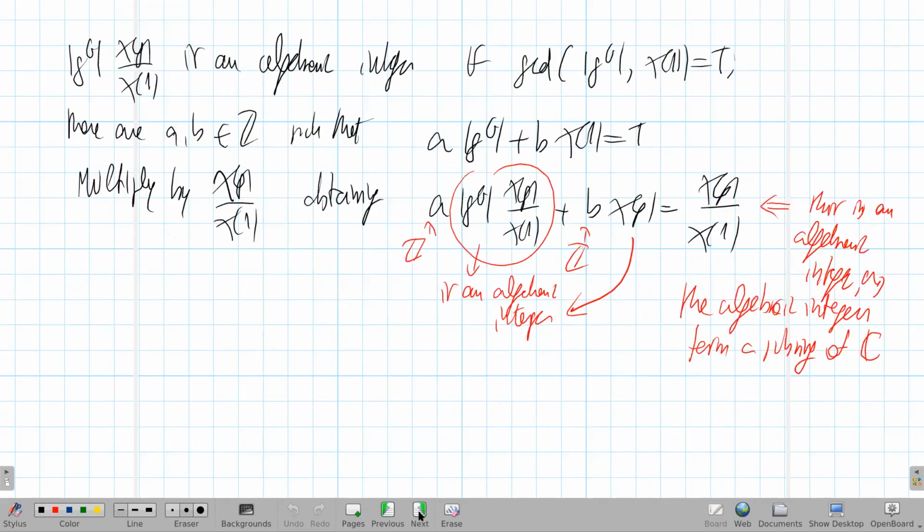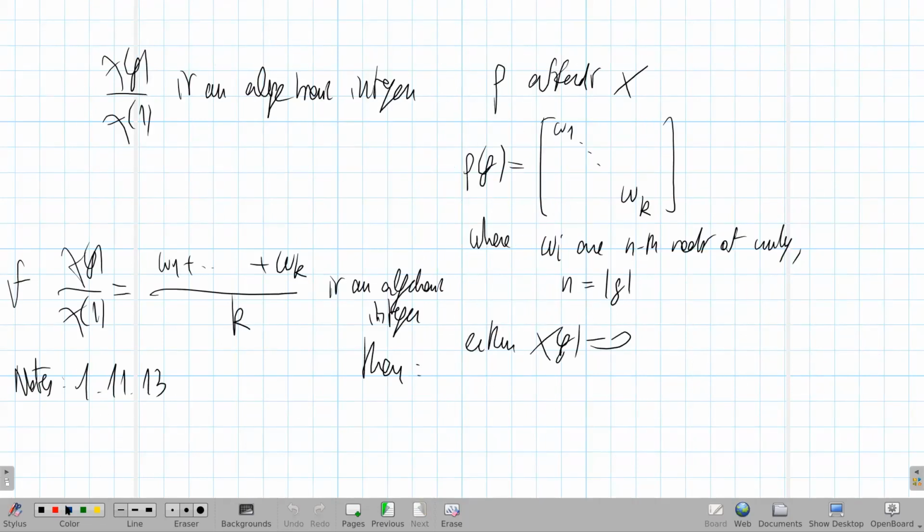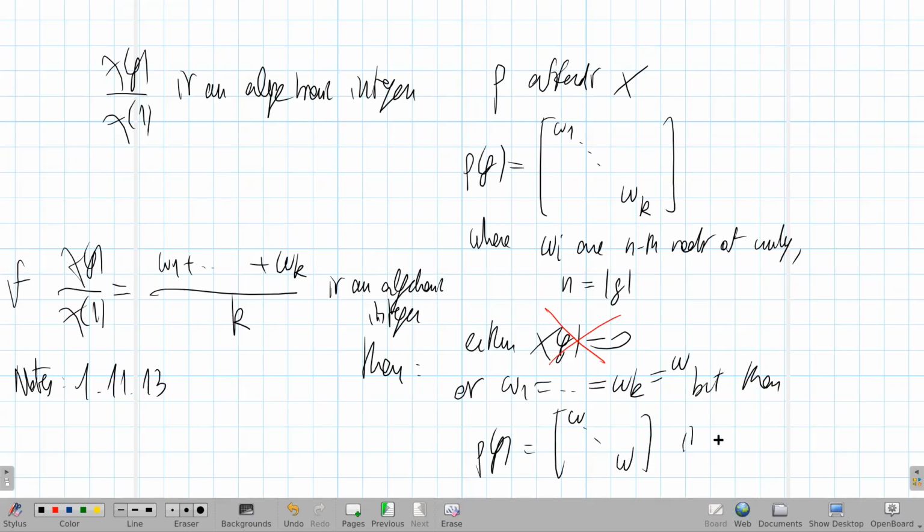So this is ruled out. Or the alternative is that all these are equal, but then this means exactly what we wanted. Let's say that they are equal to some omega, that ρ of G is a scalar matrix.